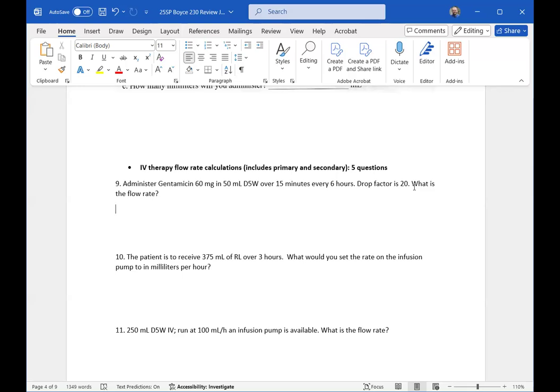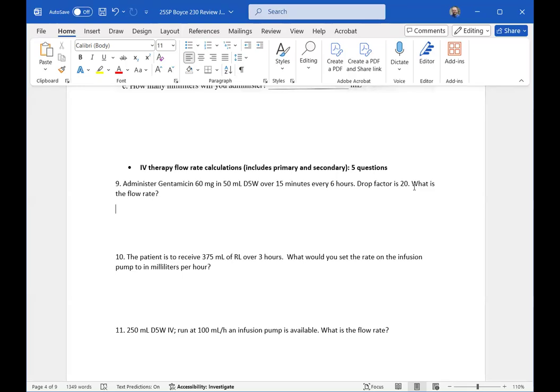But anytime that they introduce something like a drop factor, the drop factor is most likely indicating that they are looking for the drop rate. Saying that, you might want to write both answers so that they know that you know both ways.